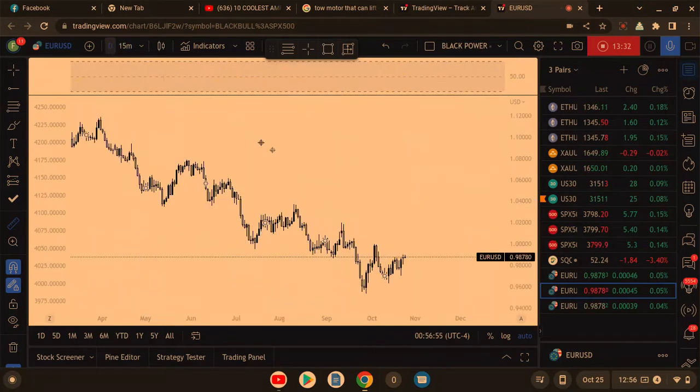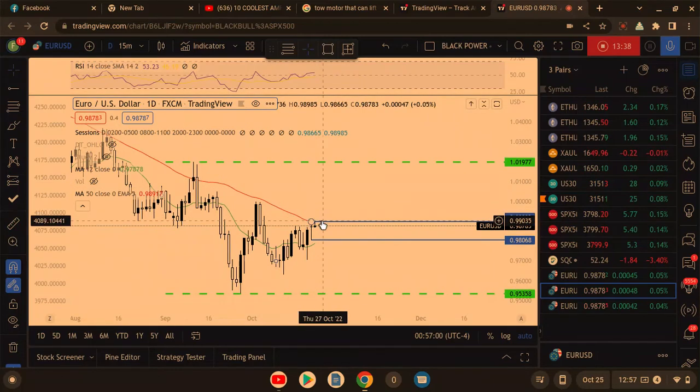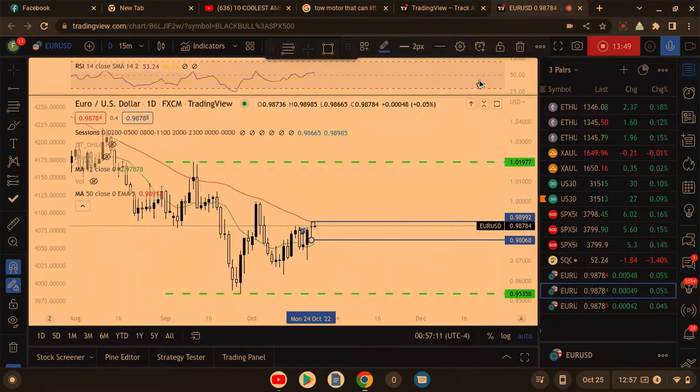But we're going to leave this Euro USD trade up. We're going to put two alerts up here and here.